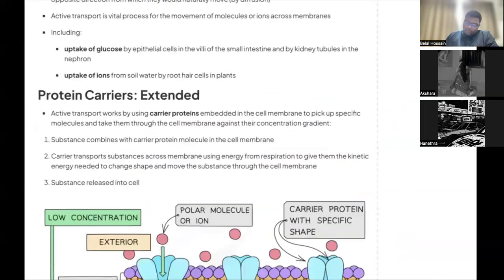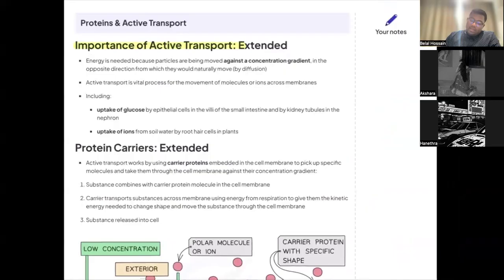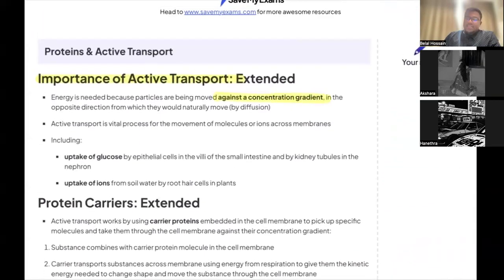Finally, importance of active transport needed by extended students. Active transport moves substances against the concentration gradient. What do we take by active transport? We may sometimes uptake glucose in epithelial cells by active transport. We may also do that in the kidneys because glucose is an important respiratory substrate.